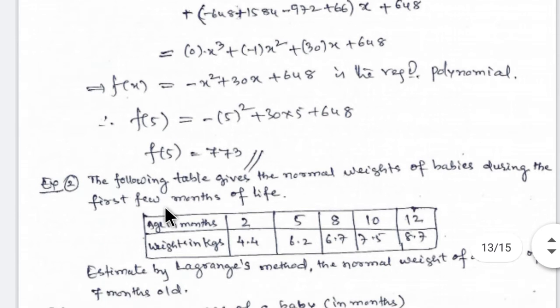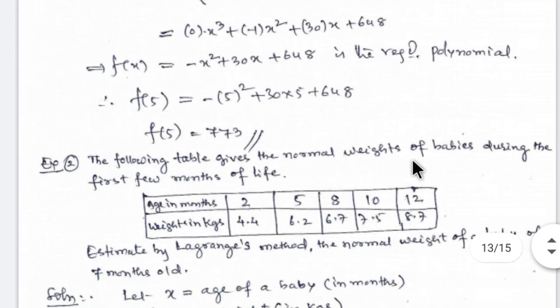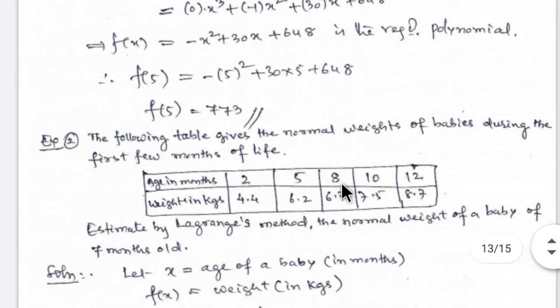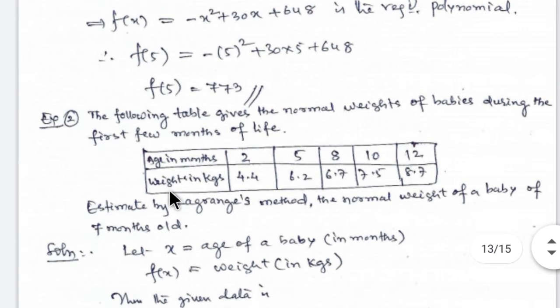Okay. You see one more example, example 2. The following table gives the normal weights of the babies during the first few months of life. In the first row, age in months: 2, 5, 8, 10, 12. In the second row, weight in kilograms: 4.4. When age is 2, weight is 4.4 kilograms.